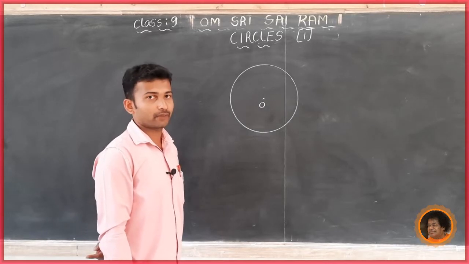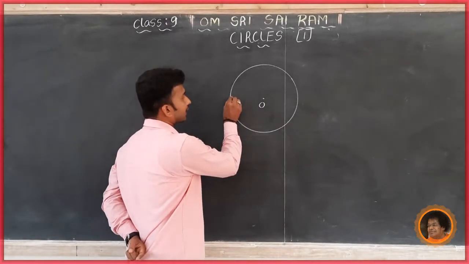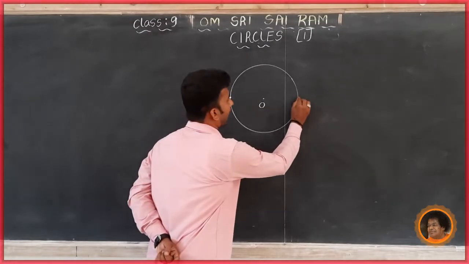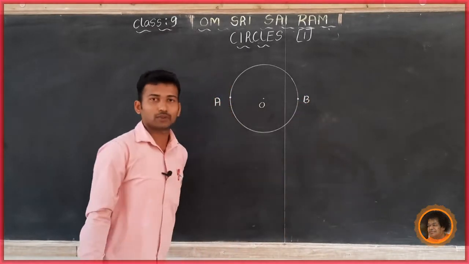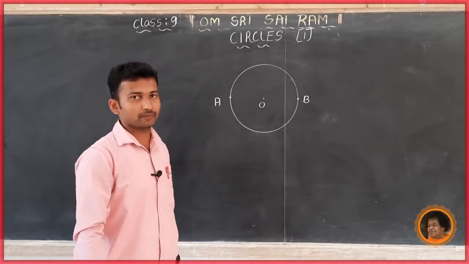Similarly, let there be 2 points, A and B, on the circle. A and B are any 2 points.